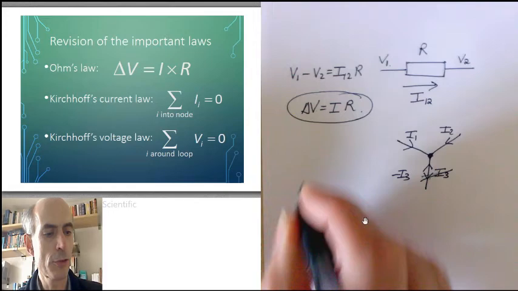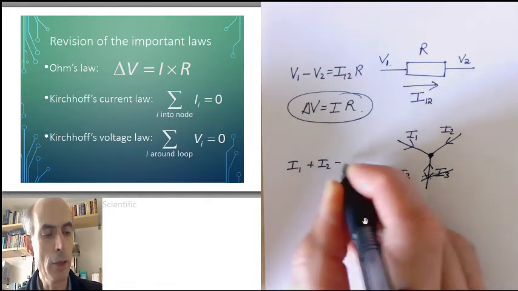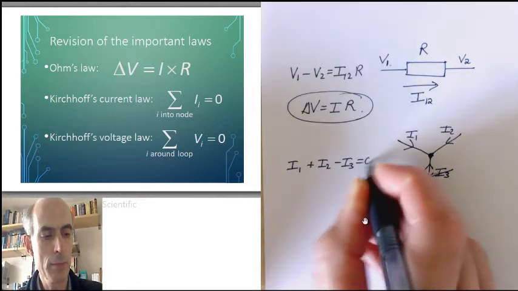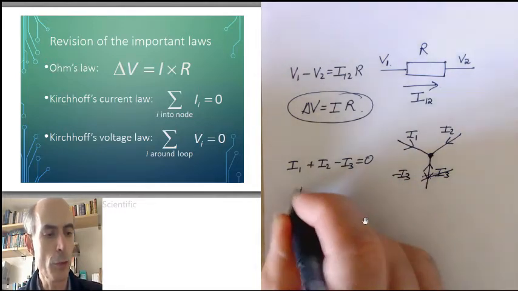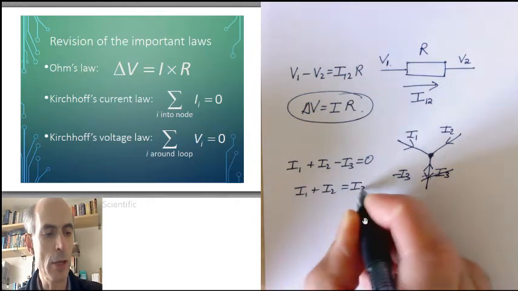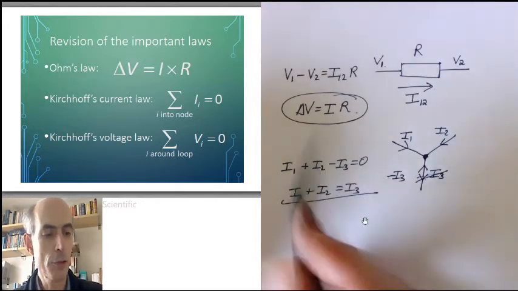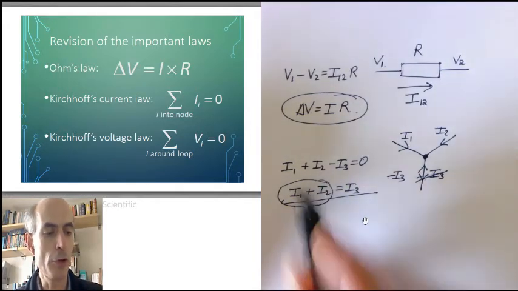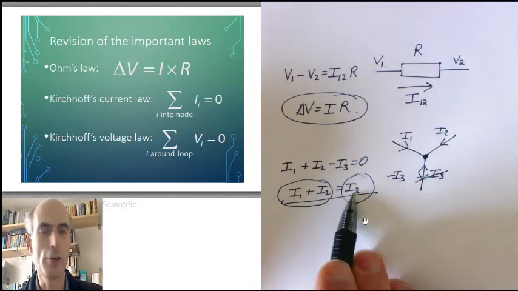So in this case, we would have I1 plus I2 minus I3, because that's a minus, equals zero, or in other words, I1 plus I2 equals I3, which is the other way of thinking about Kirchhoff's current law. The sum of the currents flowing into the node, I1 plus I2, is the current flowing out of the node, I3.